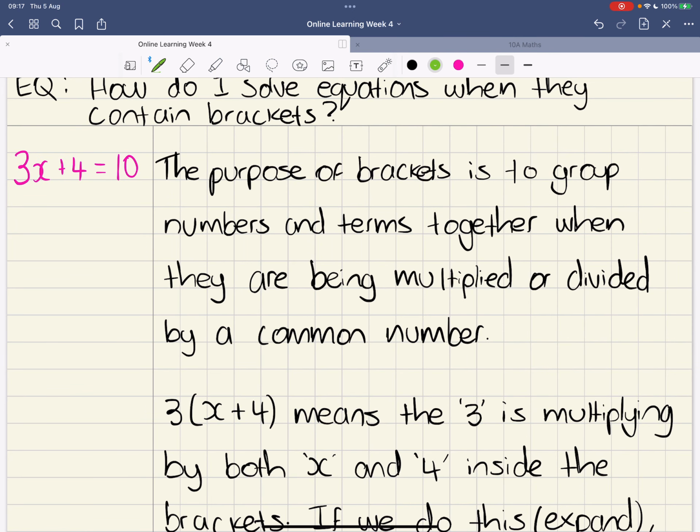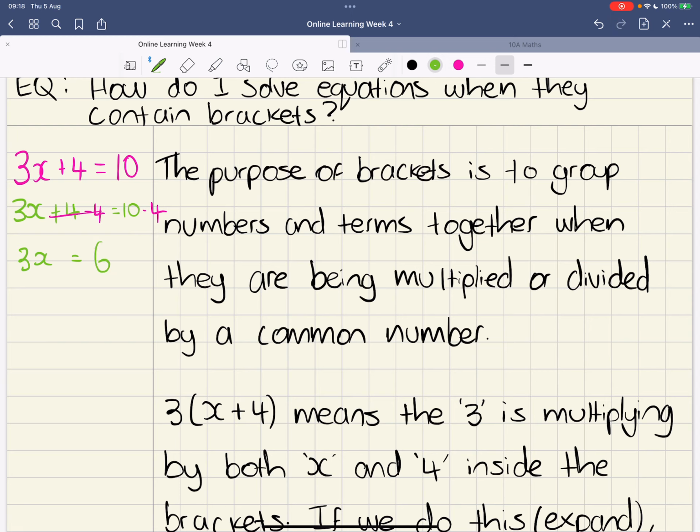So the way that we would do this one is by rewriting it and getting rid of the plus 4 first. So we minus 4 on both sides. Running out of room here. And the plus 4 and the minus 4 cancel each other out, so you can put a line through it because plus 4 minus 4 is 0. And we're left with 3x equals, now 10 take 4, that's 6.